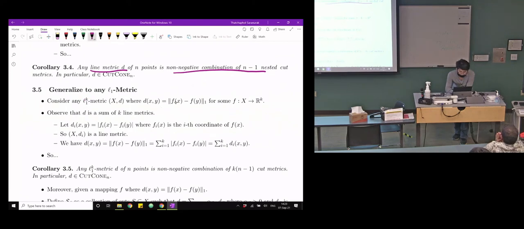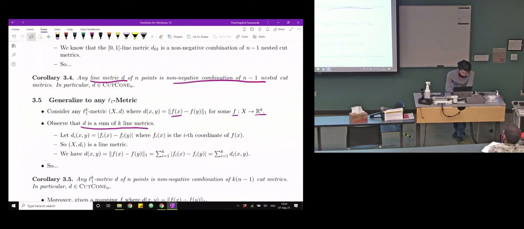You have a mapping f to a k-dimensional space, and D is a sum of k line metrics.